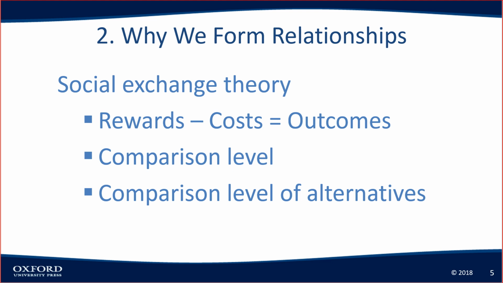Again, our first contact might be appearance, but we also form relationships based on social exchange theory, which says, what is it that we have that we can exchange back and forth that's going to benefit me or benefit you? What are the outcomes? So the rewards that we're going to gain minus the cost.